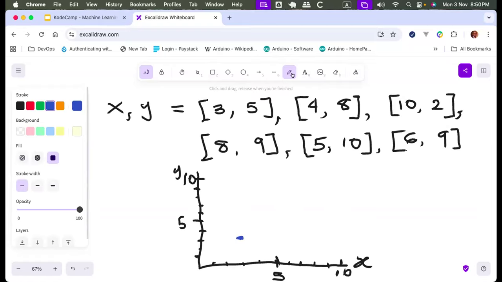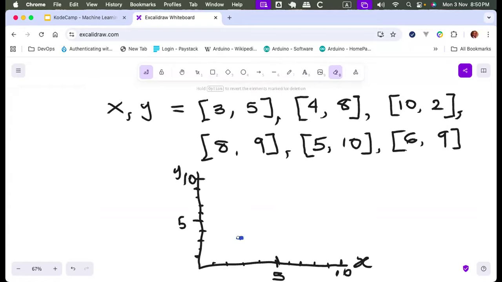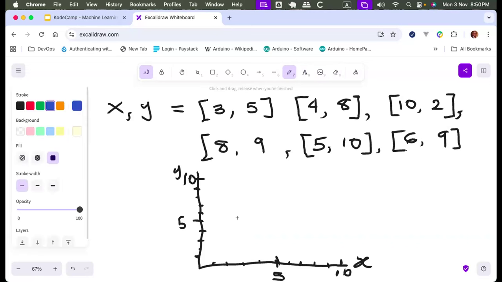This is 3 and this is 5. This is 4 and this is 8. So this is 4 and 8. This is 10 and 2. So this is 10 and this is 2. 8 and 9. This is 8.